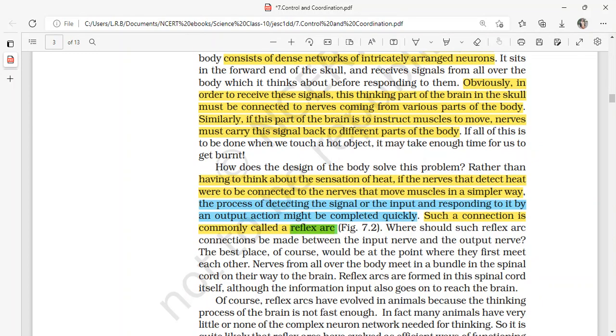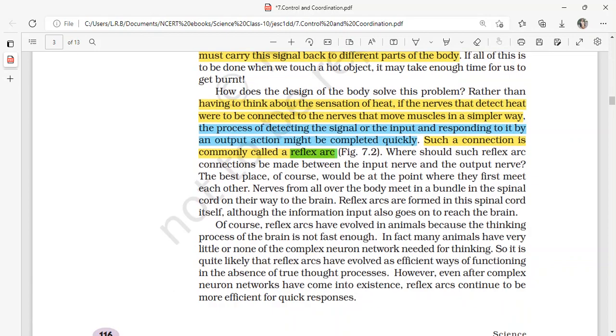Where should such reflex arc connections be made between the input nerve and the output nerve? The best place, of course, would be at the point where they first meet each other. Nerves from all other parts of the body meet in a bundle in the spinal cord on their way to the brain.